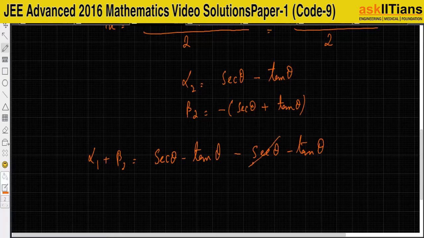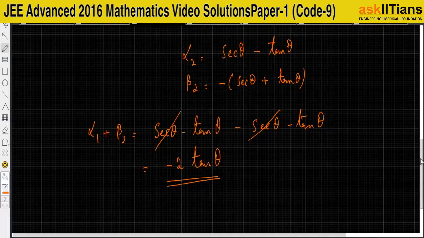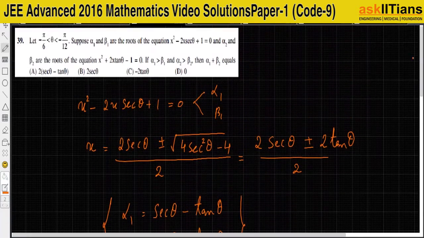So this quantity will get cancelled and I'll get minus 2 tan theta. This is the answer for this question, minus 2 tan theta, which is option C. Again a very easy question, just a quadratic equation. You just need to find the roots and check the possible answer from the options.